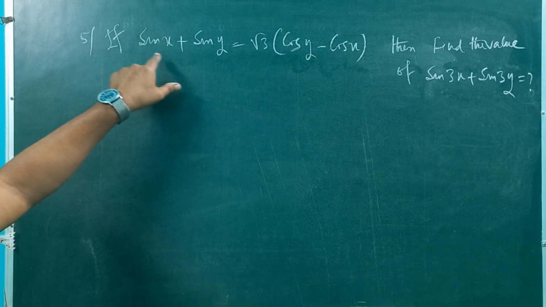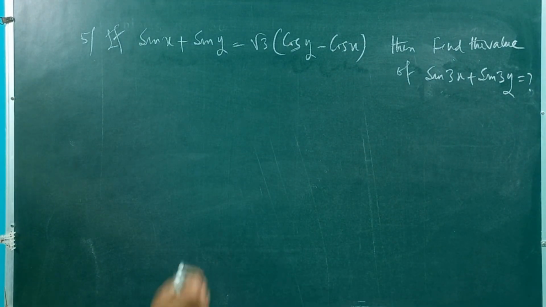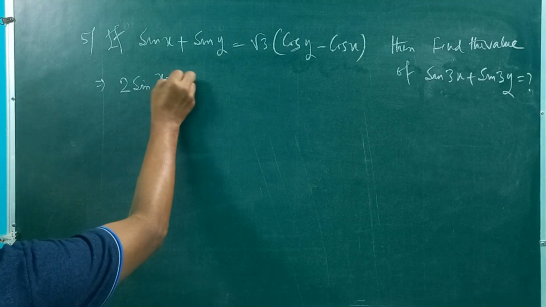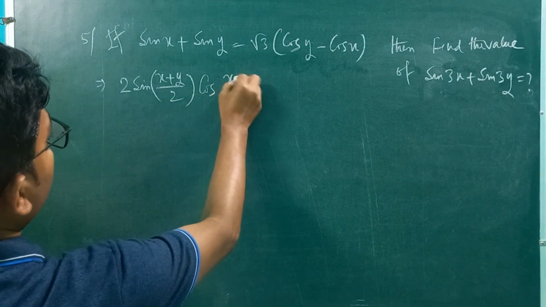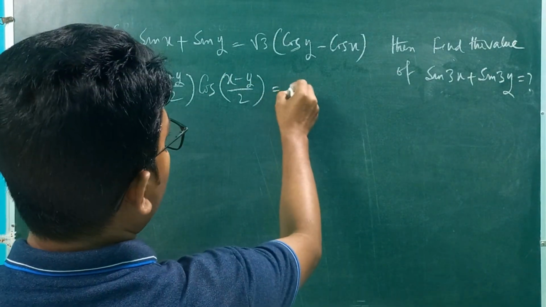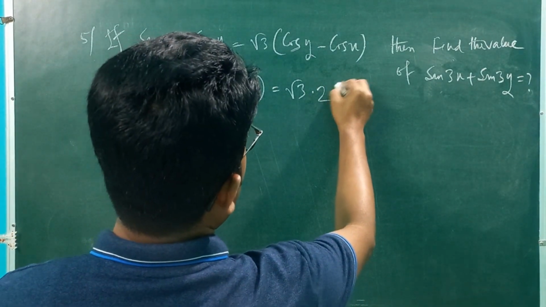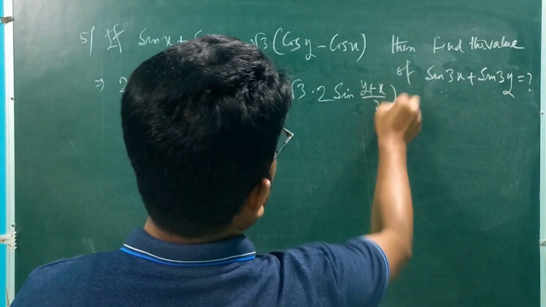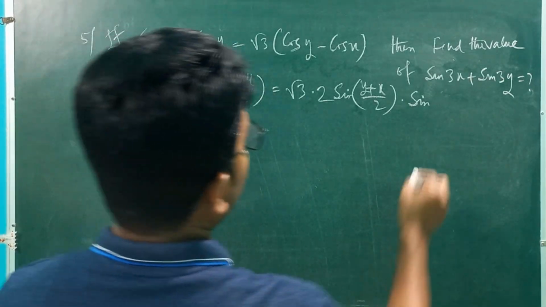So I will apply the formula sin c plus sin d, here cos c minus cos d. So apply this one, 2 sin c plus d by 2 into cos c minus d by 2 equal to root 3 into 2 sin c plus d by 2 into sin d minus c by 2.